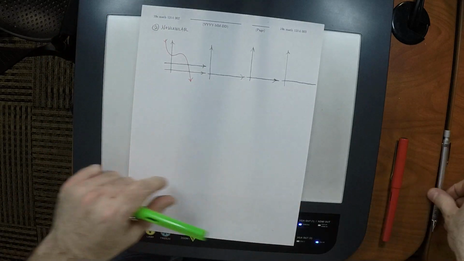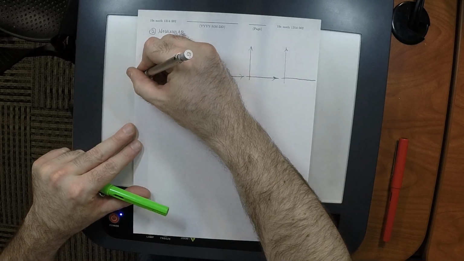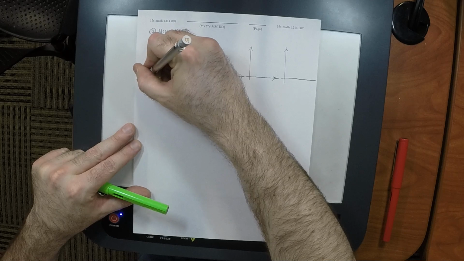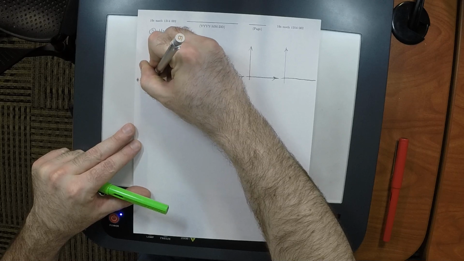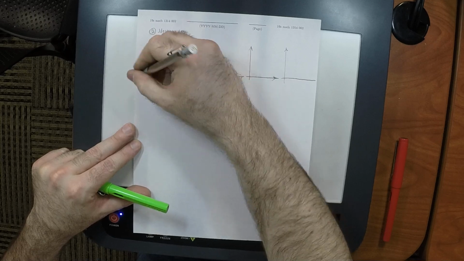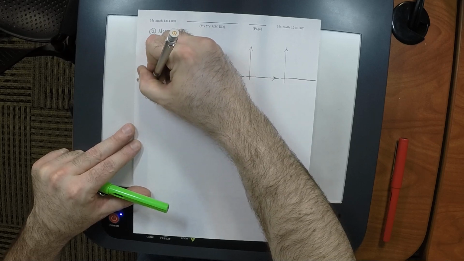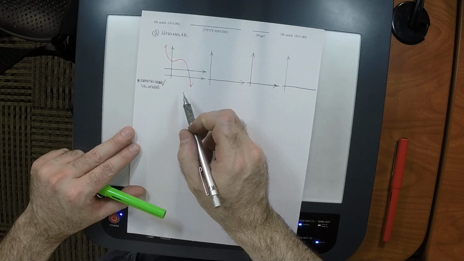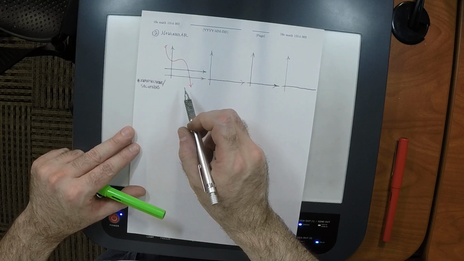Then for each one of these, I'll ask the question, what's the number of intersections or solutions? So how many in this particular case? Just one.